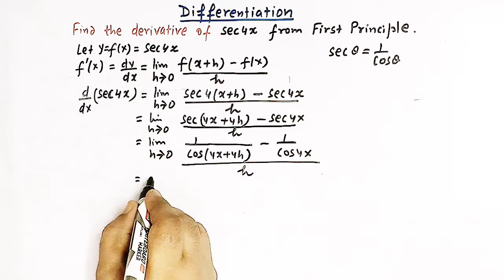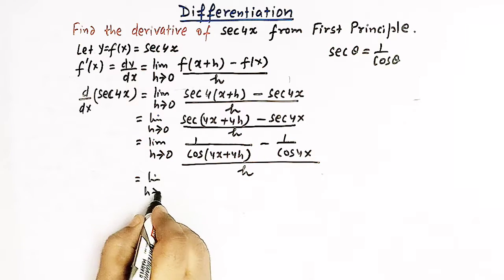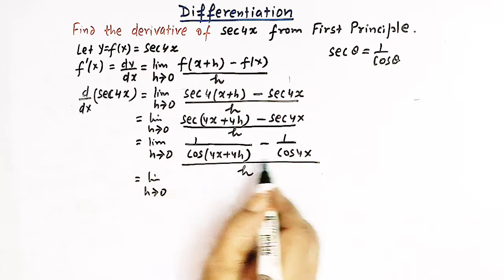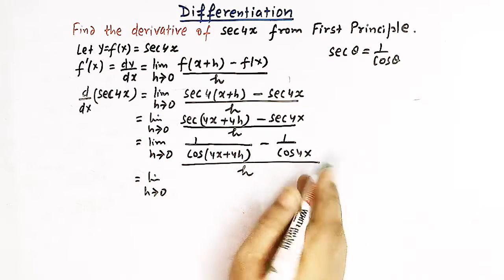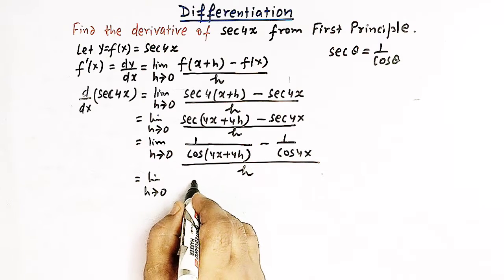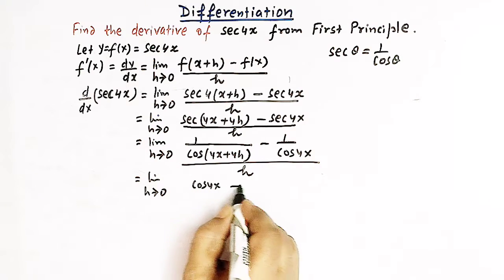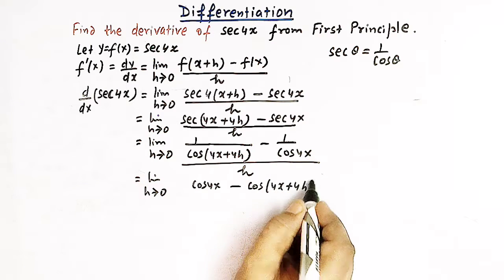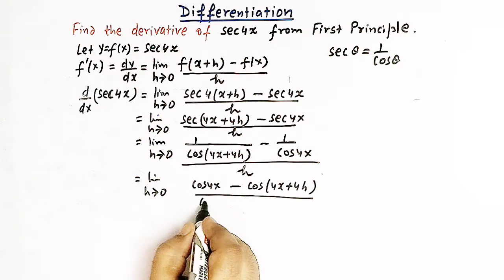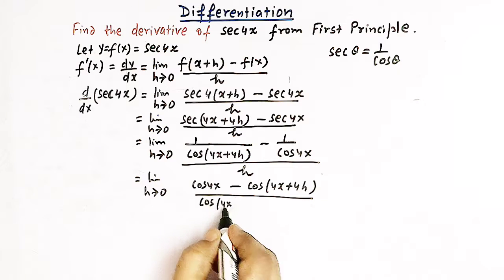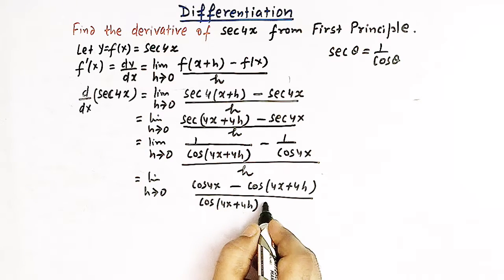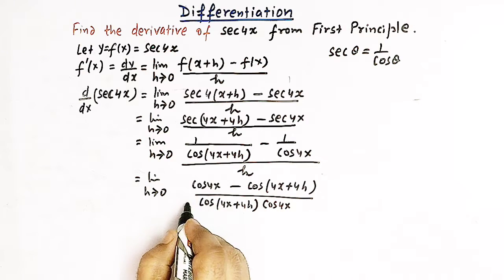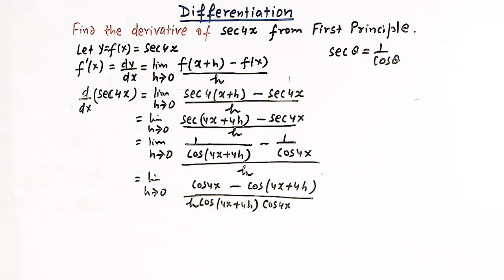Now let us simplify this expression by taking the LCM. We have cosine 4x minus cosine 4x plus 4h, divided by cosine 4x plus 4h times cosine 4x, and then the quantity h.